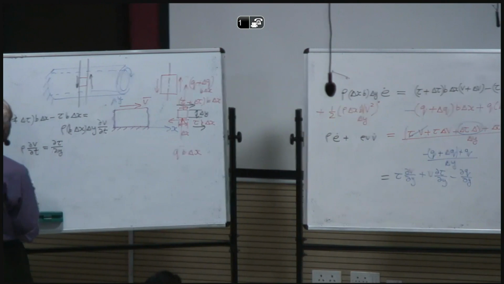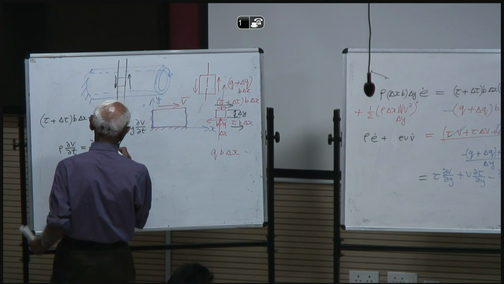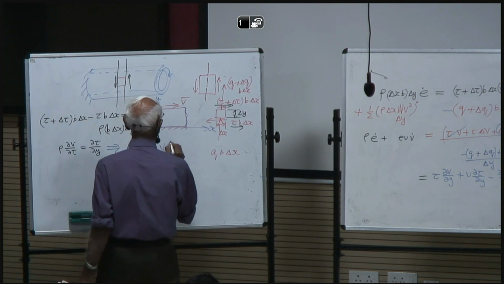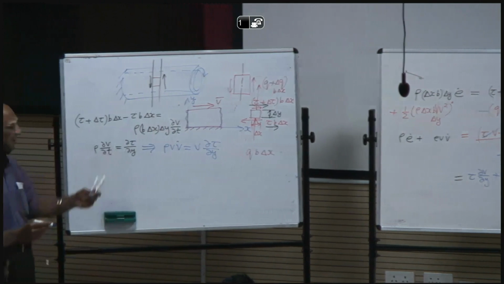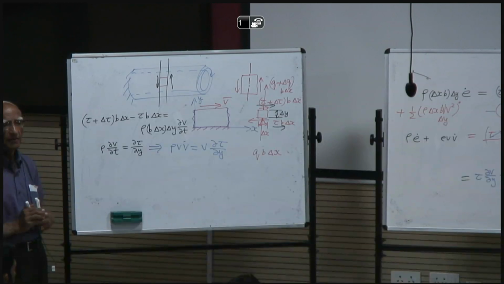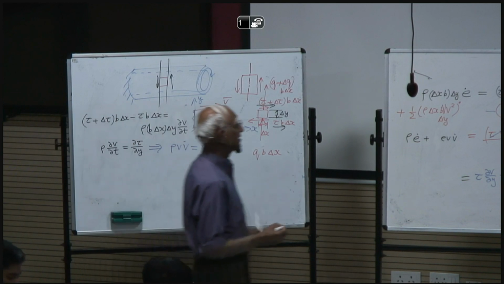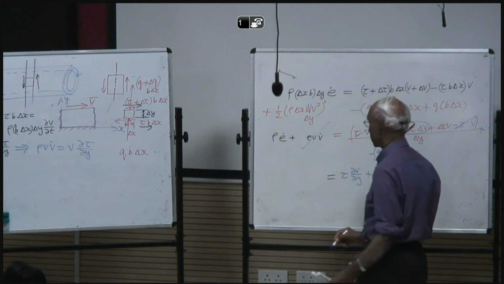So this thing gives me rho v dot equal to v delta tau over delta y. Multiply both sides by v. That says that this term should cancel with this one.